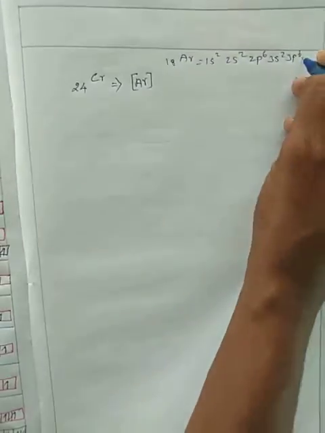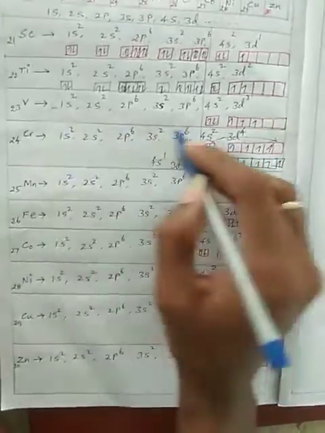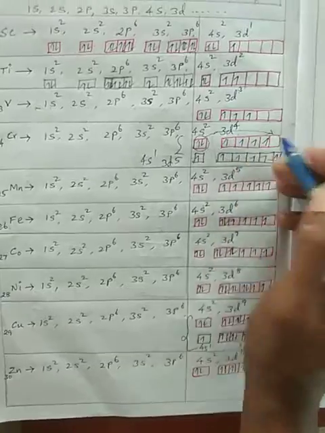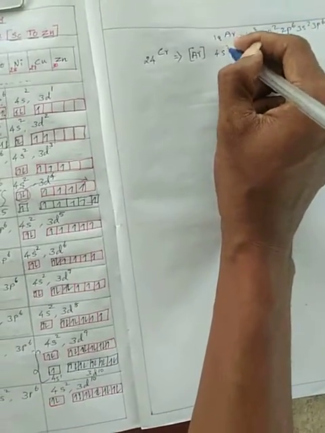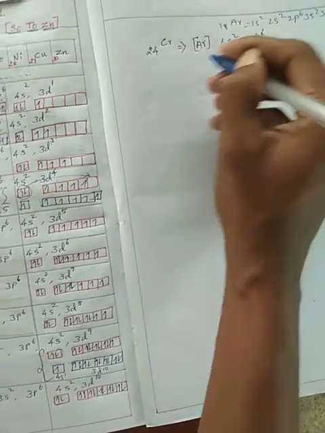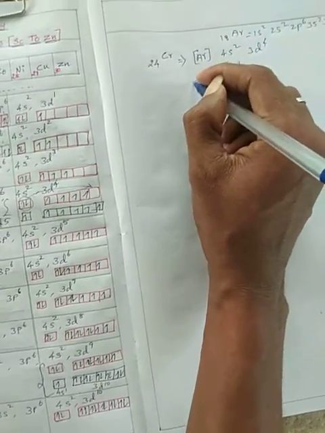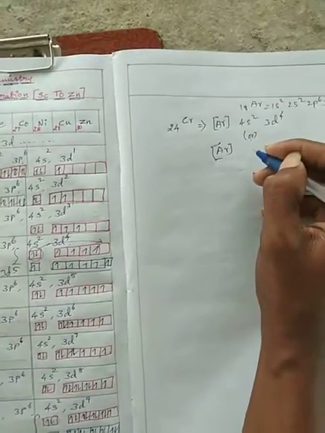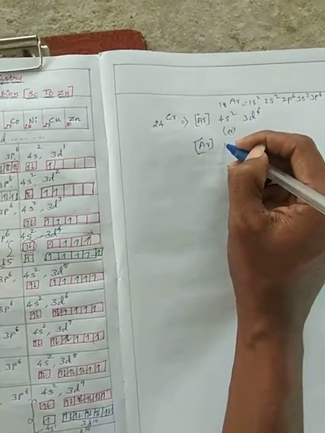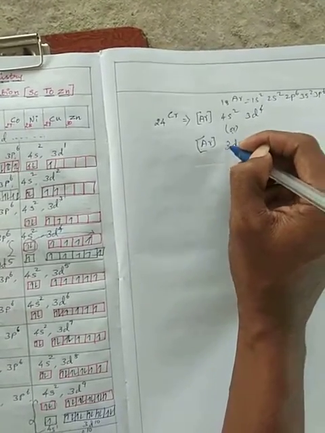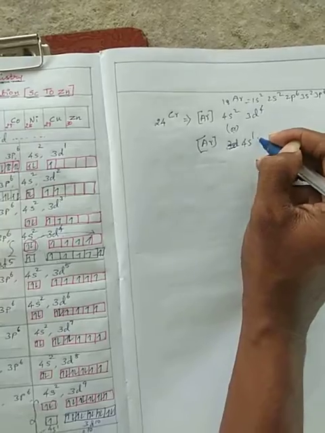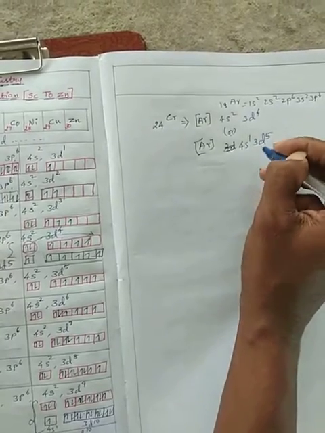The short form will be used. The chromium outermost shell is 4s2 3d4 as expected, but the actual one, with argon as shortcut, is 4s1 3d5.